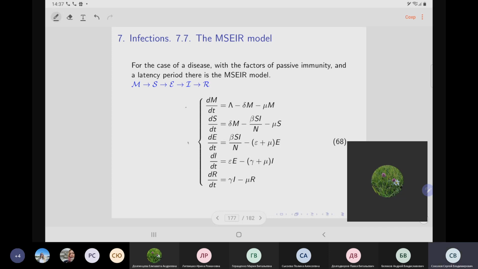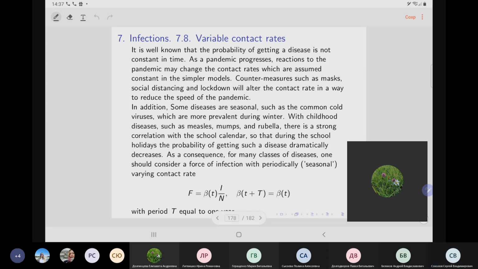I don't want to focus on all of them because the more coefficients, the more difficult the analysis, and you can see that there is a book dedicated to this model. So just a short introduction to this idea.